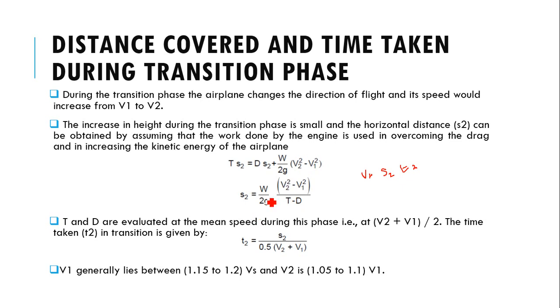So s2 equals W by 2g into v2 square minus v1 square divided by fa. The time taken t2 is equal to s2 divided by 0.5 into v2 plus v1, that is the average speed during this phase.